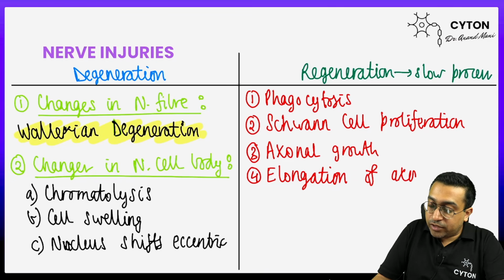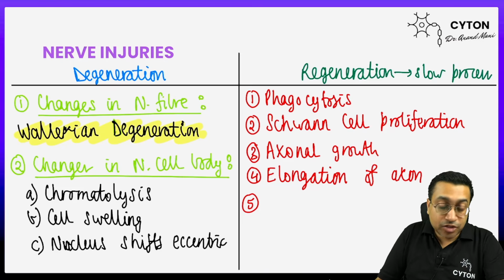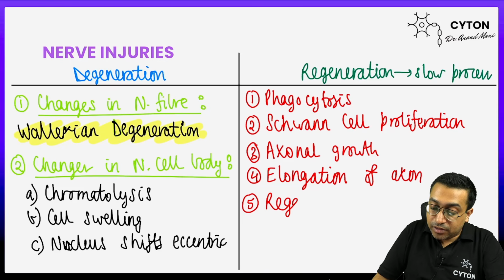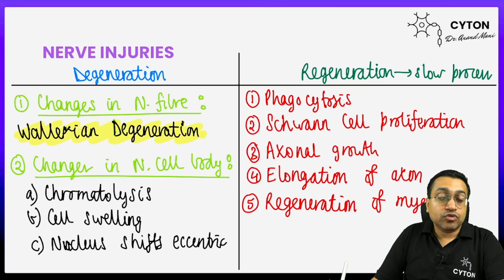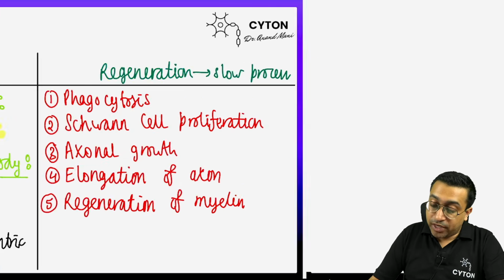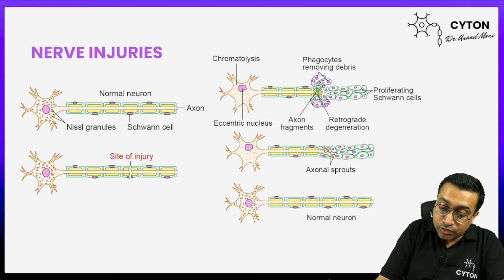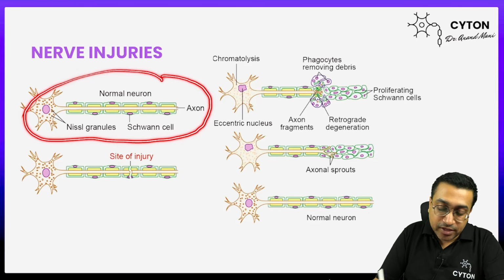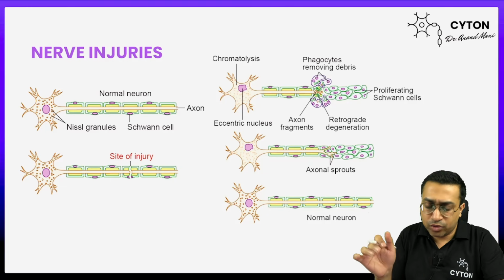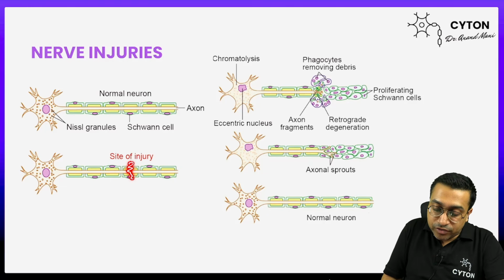Number 5, we have regeneration of myelin. Okay, so that is the process of regeneration. Let me show you these photographs so you can appreciate. This is a normal neuron with the Nissl granules, Schwann cell, and axon, just to give you a good orientation. So this is the site of injury.